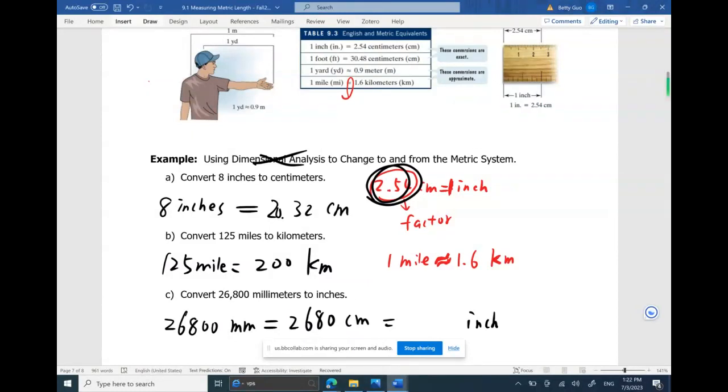How many times smaller? 2.54 times smaller. So we divide by 2.54. And that gives me a decimal. We would have to round it. Let's keep 2 decimal places. 1055.12.